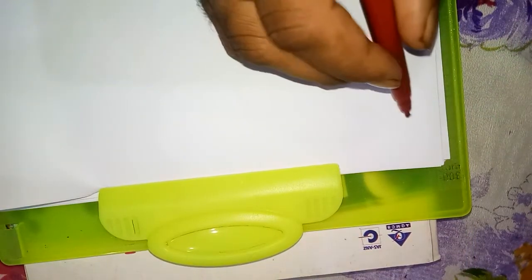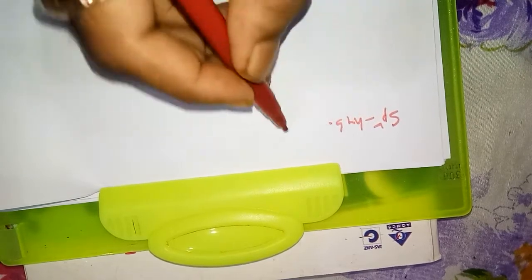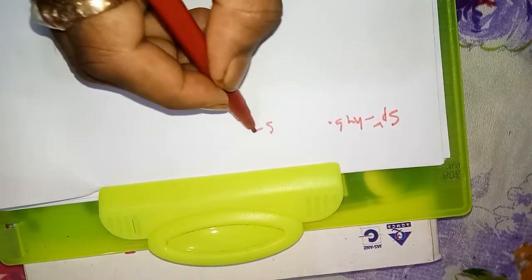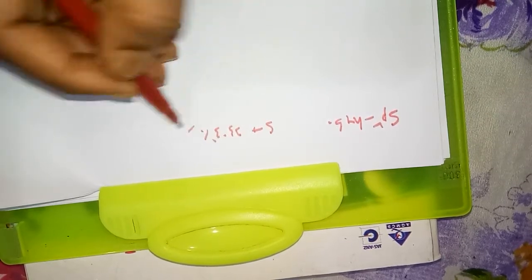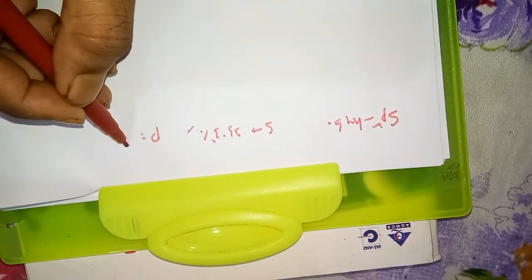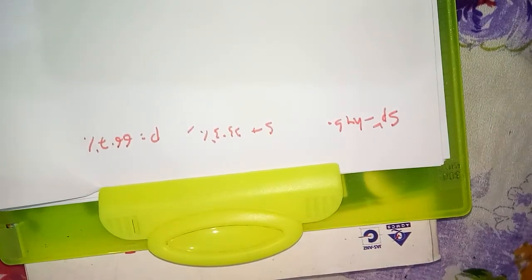Next we are taking sp2 hybridization. Obviously the S percentage is 33.3%, the P percentage is 66.7%.